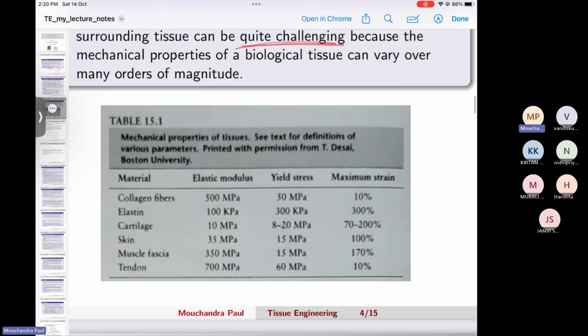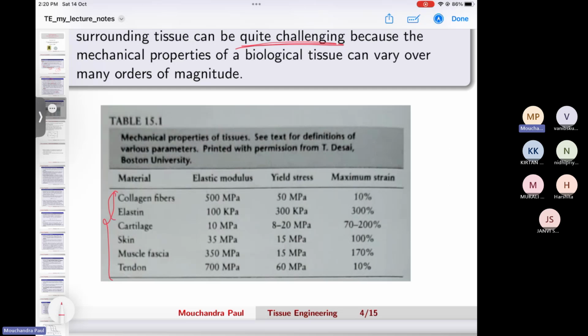In this particular table, you can see different types of tissues that are taken from the body. Collagen fiber and elastin are the natural ECM present in our tissues.